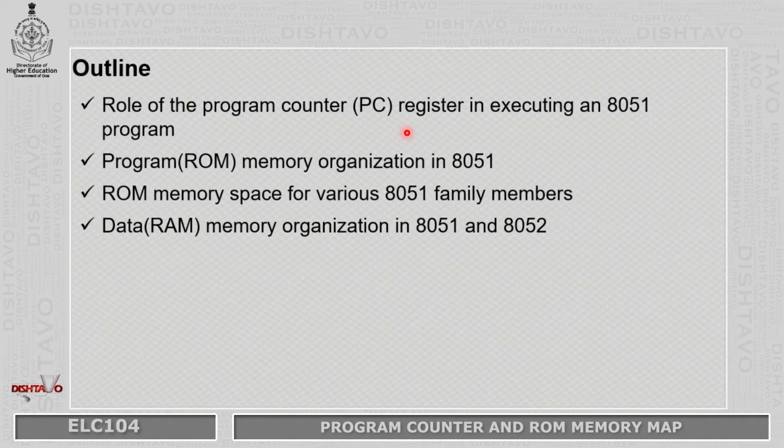In this module, we are going to look at the role of the program counter register in executing 8051 microcontroller programs, program memory organization in 8051, ROM memory space of the 8051 family of microcontrollers, then RAM memory organization in 8051 and 8052.